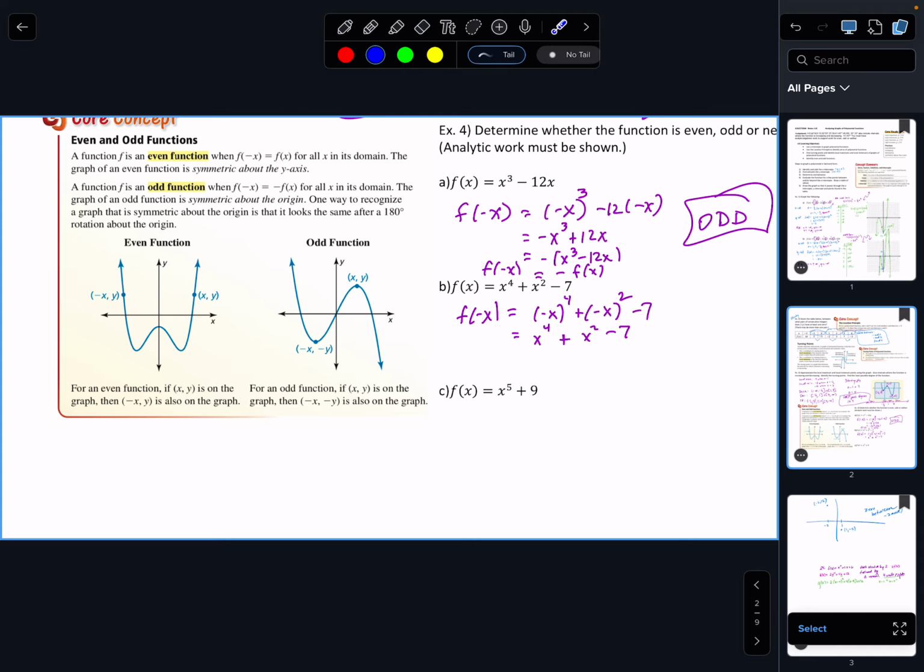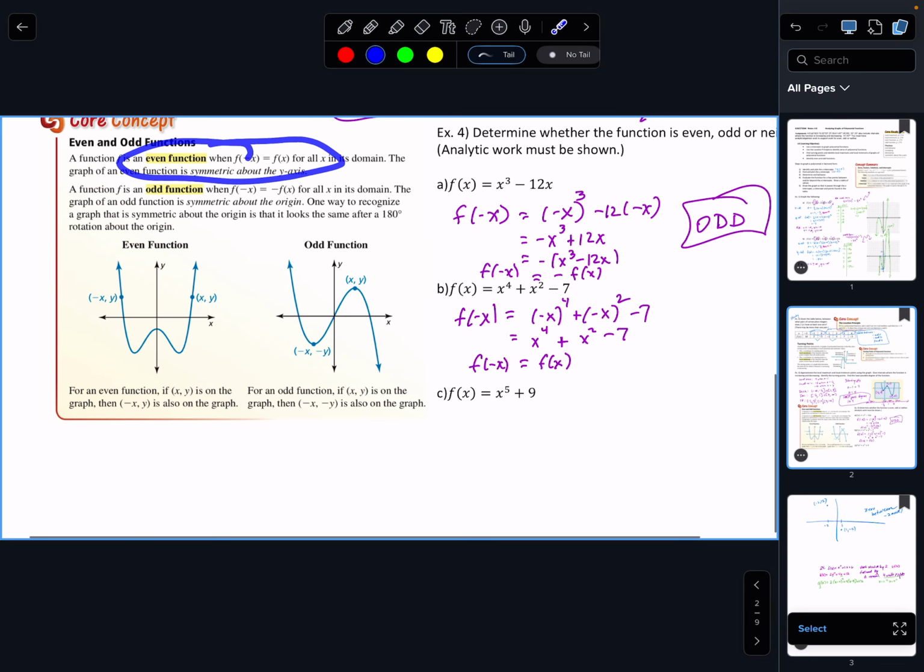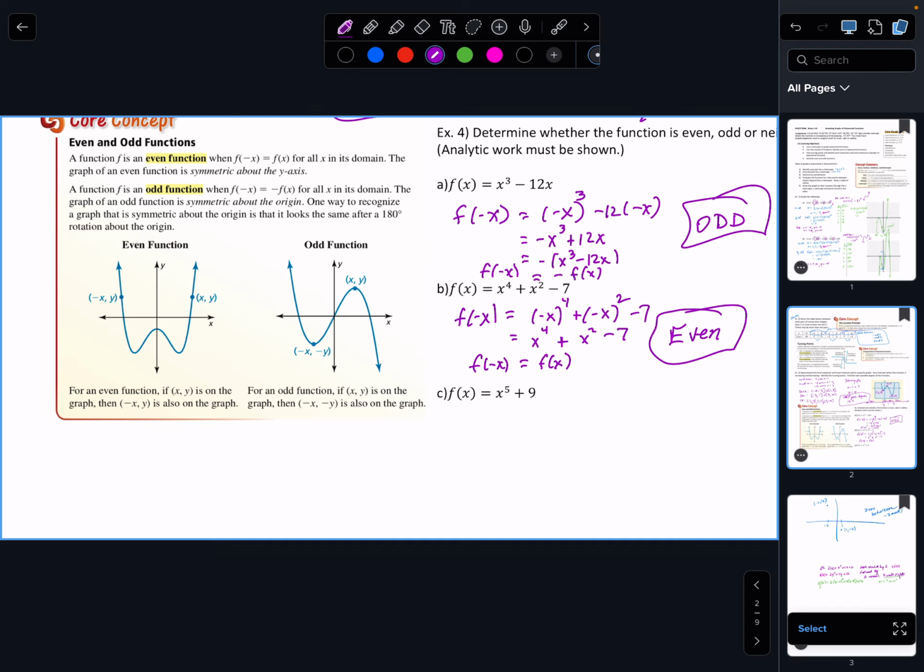And so when you get done evaluating that, you have exactly what you started with. So when I replaced x with a negative x, I got the function I started with. And when you get the function you started with, f of negative x is f of x, that is the definition of being even. So therefore, this is even.